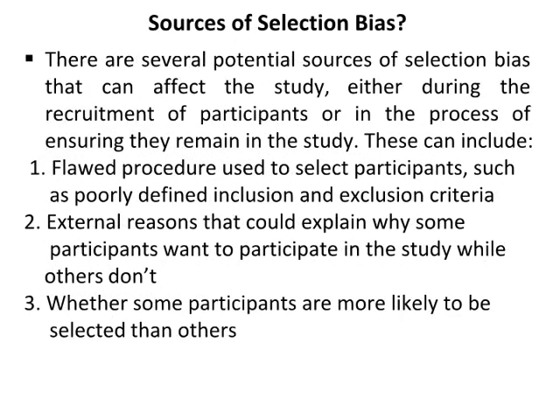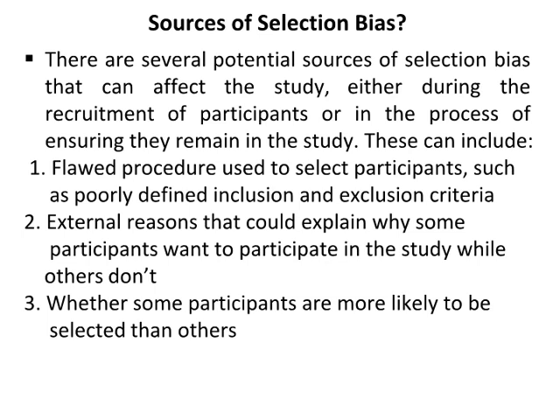Sources of selection bias. There are several potential sources of selection bias that can affect the study, either during the recruitment of participants or in the process of ensuring they remain in the study. These can include: Number one source of selection bias is flawed procedure used to select participants, such as poorly defined inclusion and exclusion criteria.